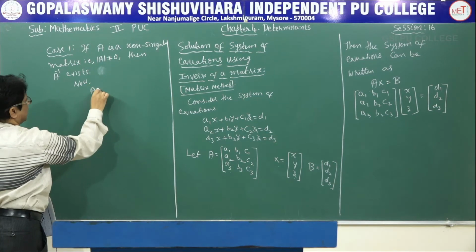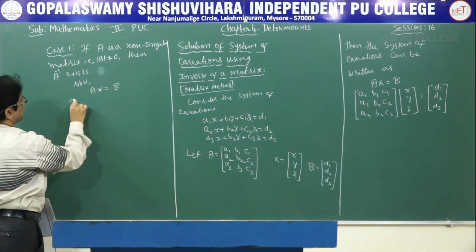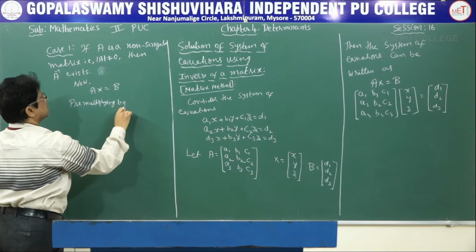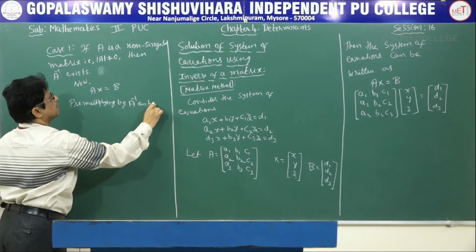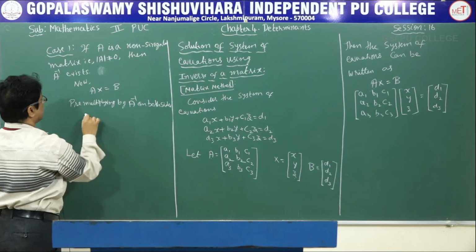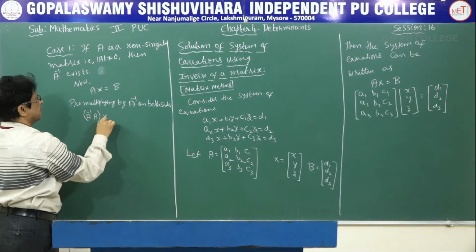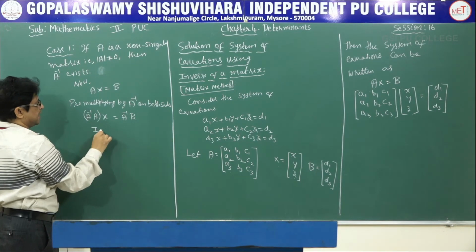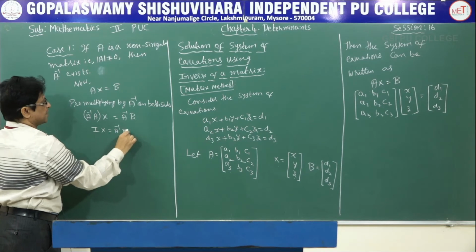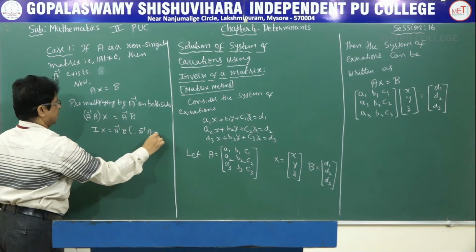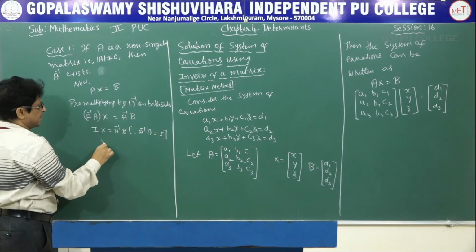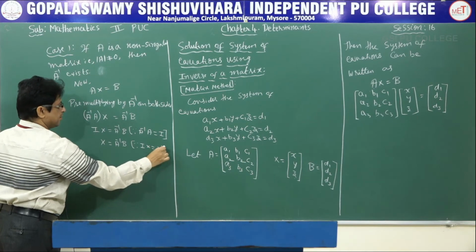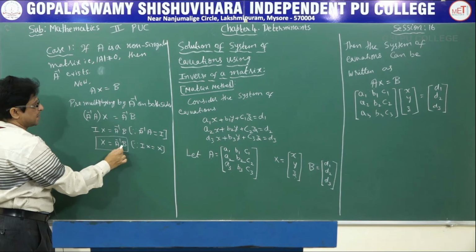Now AX will be equal to B. Pre-multiplying by A inverse on both sides, A inverse into A into X is equal to A inverse into B. So A inverse into A is nothing but I. So I into X is equal to A inverse B, because A inverse into A will always be equal to I. So I into X is X. So X equals A inverse B. So the solution is got by X equals A inverse B.